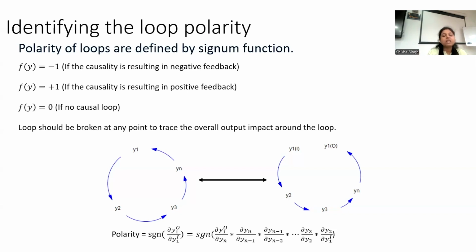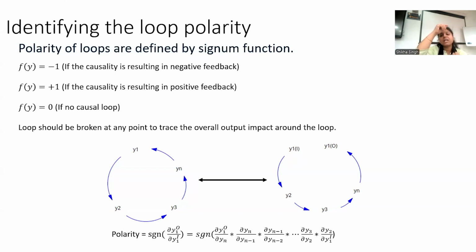So here you see the polarity is the signum function of the ratio of output and input of the Y1 parameter. And you see how this signum function will be calculated. It will take the impact of Y1o with respect to Yn and keep on multiplying up to Y1i. So you will get the impact I am receiving back.